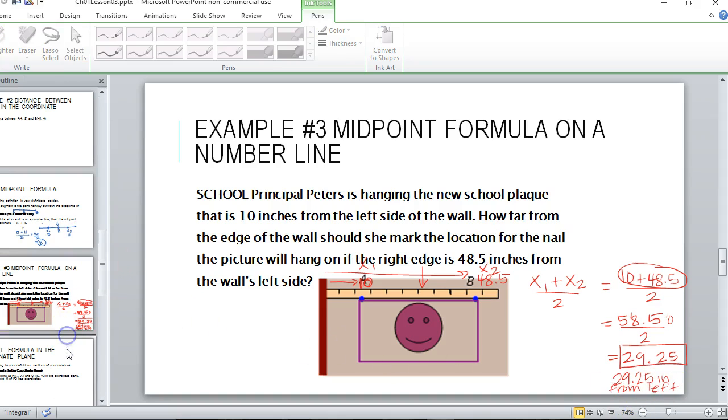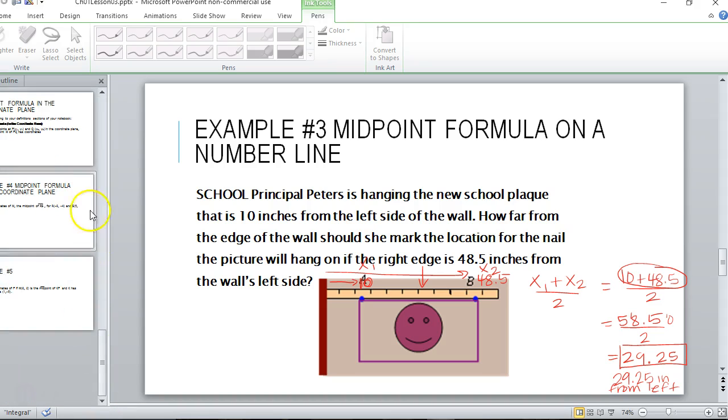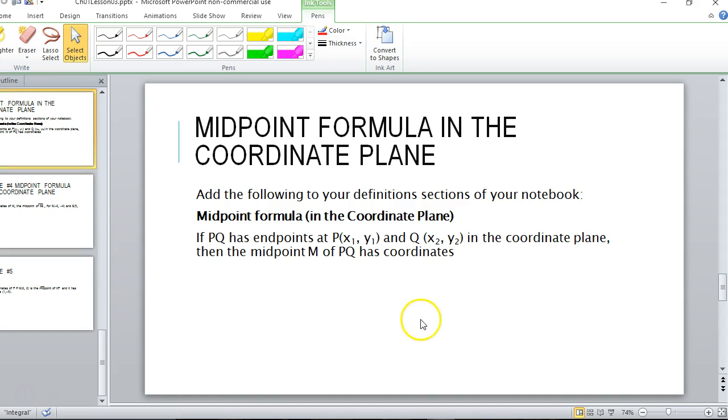Now we're going to look at the midpoint formula in the coordinate plane. So that means we are putting things in the XY axes. So it looks like this now. We will find the midpoint of a segment. All right.